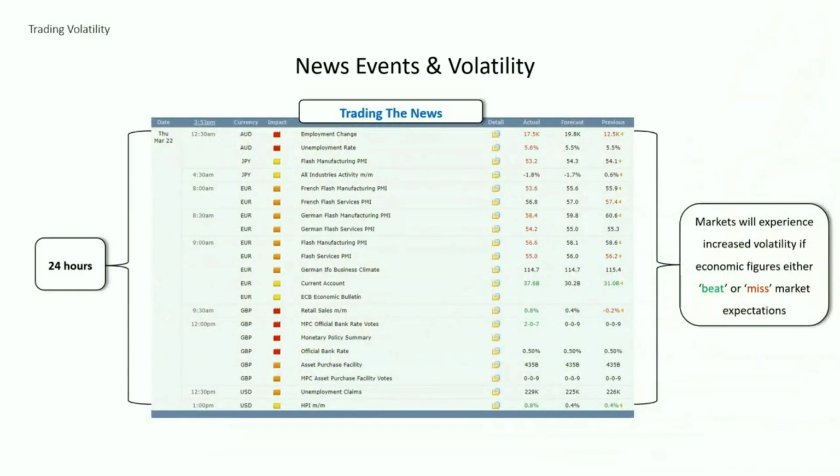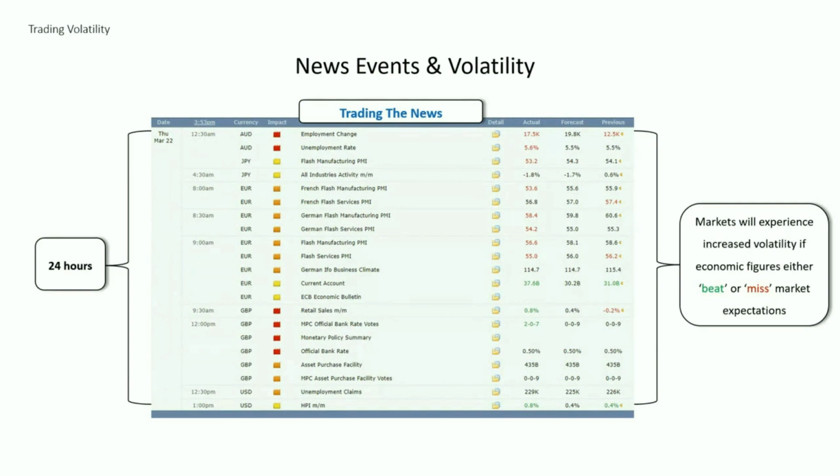Here we have a typical trading day, and we can see we have a 24-hour trading day here from left to right. Starting from 12:30, we have highlighted there in very different colors, red to yellow to orange, and these would indicate to perhaps the day trader which news events are of keen or more particular interest in the short term.